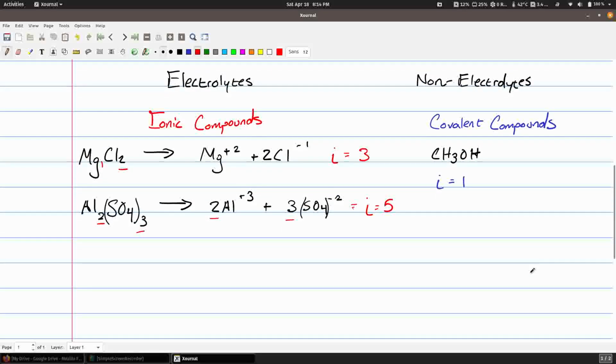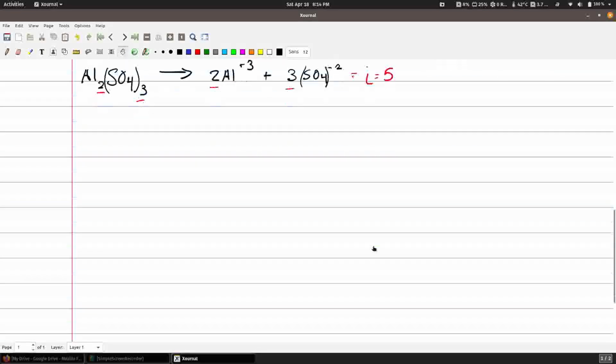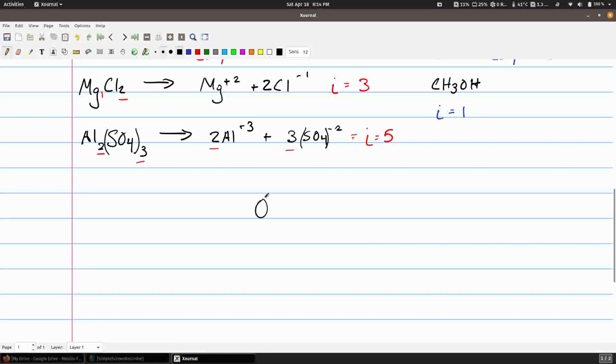Alright, so now that we've gone over the basics, we're going to jump into today's topic, which is, I'm going to go to a new page, I think. No, I got room. Osmotic pressure. So osmotic pressure is dealing with how solutes and solvents interact with a semi-permeable membrane.